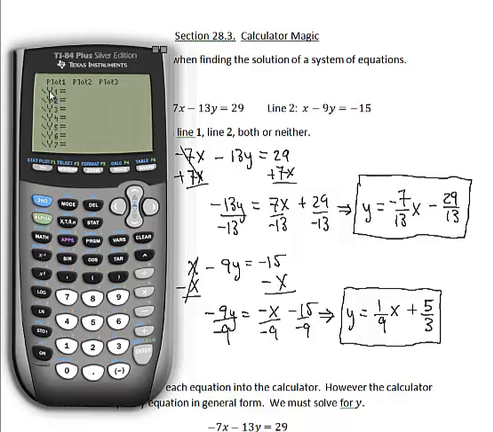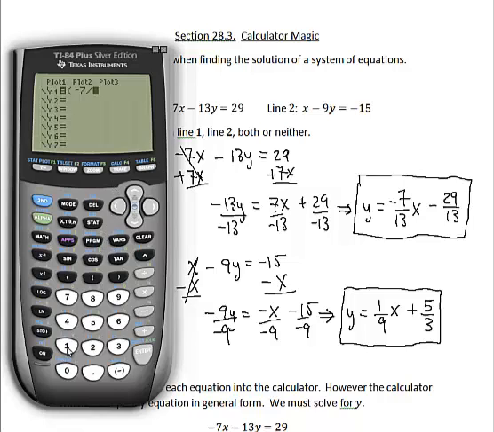So since we're on line 1, we'll enter this equation. We start with the negative 7 over 13. I'm going to put parentheses around my slope. It's a fraction. I don't want the calculator to confuse the fact that the x is on the top, not with the 13. So parentheses, the minus sign that you want to use is the one that's grouped with the numerical buttons.